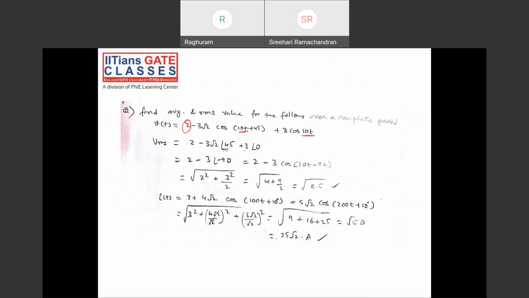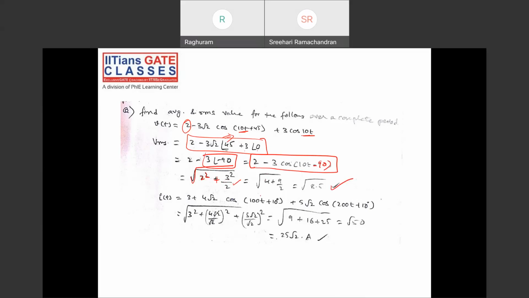Convert to complex form and subtract, and you get 3 at an angle minus 90. So this is 2 minus 3 cos 10t at minus 90 degrees. Now the RMS value is the square root of 2 squared plus (3 by root 2) squared, or 3 squared by 2. You get 4 plus 9 by 2, under root 8.5.